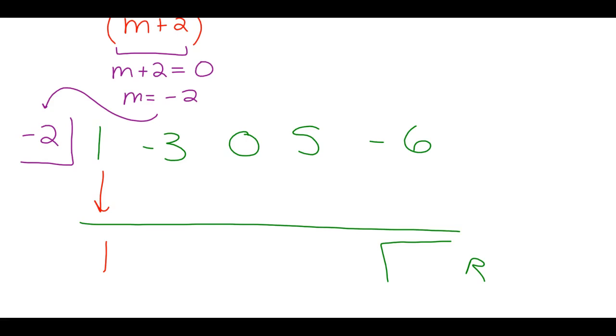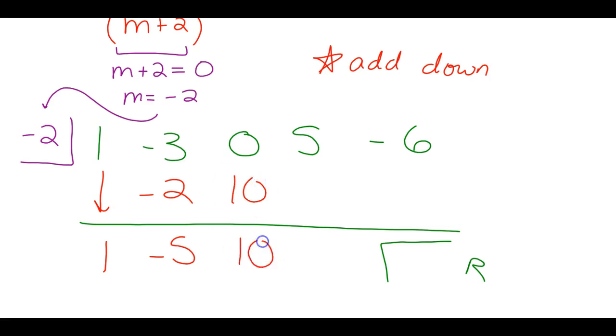And now you multiply what you brought down times negative 2. So what's going to go here? Negative 2. Now you might make a little note. We add down. So it's negative 3 plus negative 2. Negative 5. And then you multiply what just came down times the negative 2.